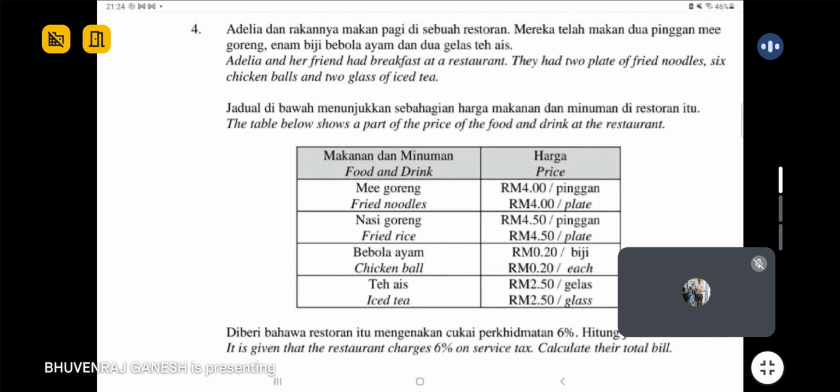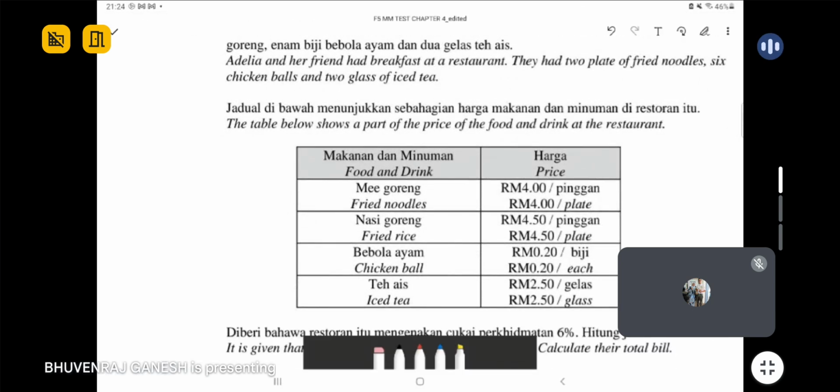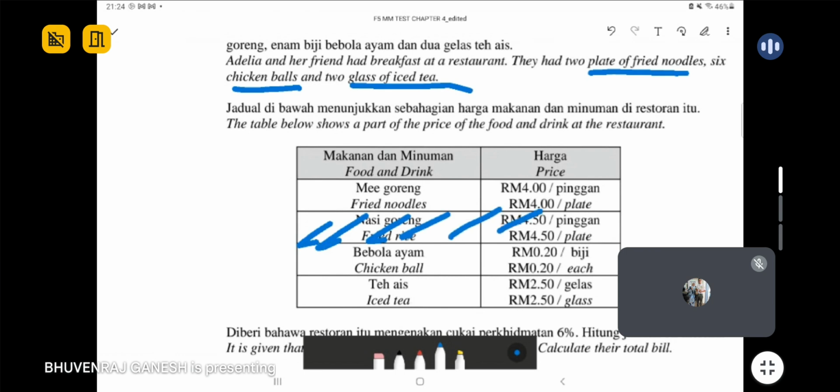You don't use all the 4 items, guys. If you refer the question, you have only 3 items given. 1, 2, 3. Means 1 item won't be used over here in the table. Kita takkan guna semua nilai. So you will avoid the fried rice, because fried rice, they never buy. So means that you ignore this value. You just use the other 3 values to count.